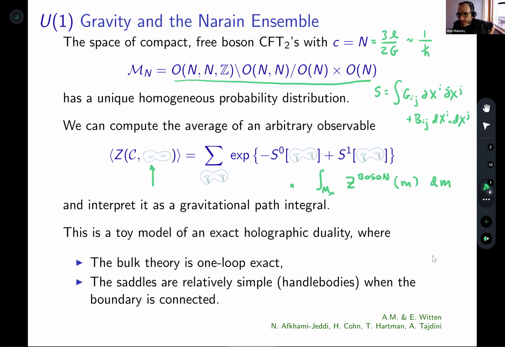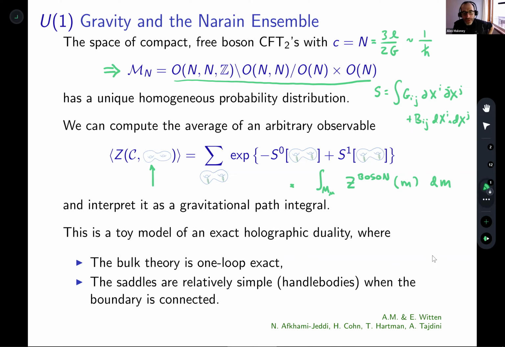What is that probability distribution? It's the square root of the determinant of the metric, where my metric is the unique left invariant metric on this homogeneous space. Okay, so it has a unique probability density, and remarkably, it also has a finite volume.